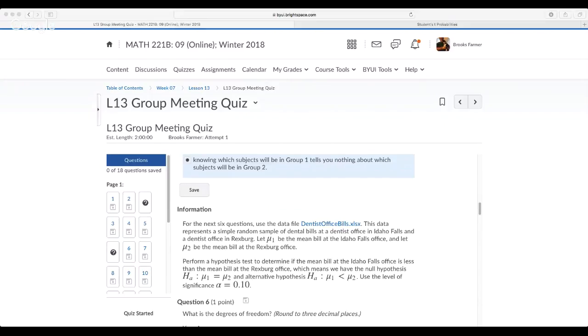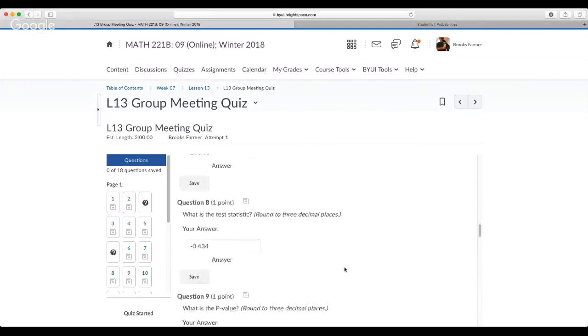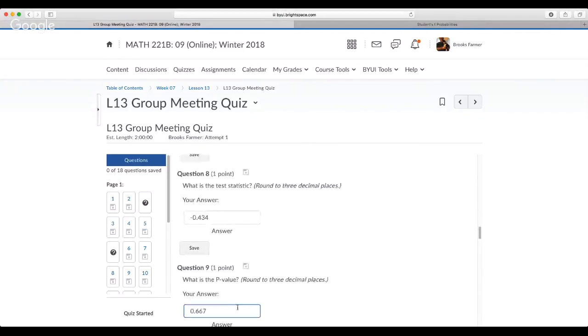I'm gonna go with less than. If it's wrong, we just switch it. Okay. All right, so the only thing we need to change is our p-value. It is less than, yeah, that's right. So the p-value changes to 0.333. Yep.